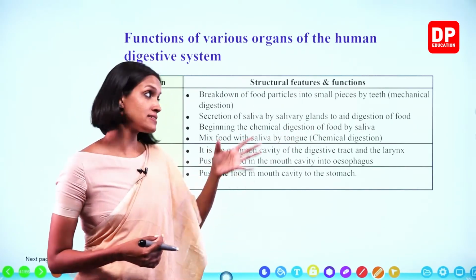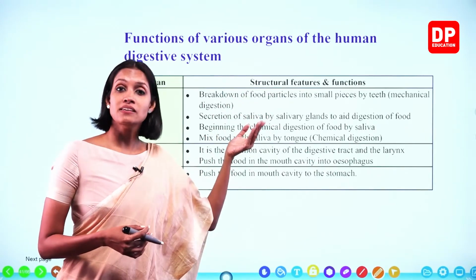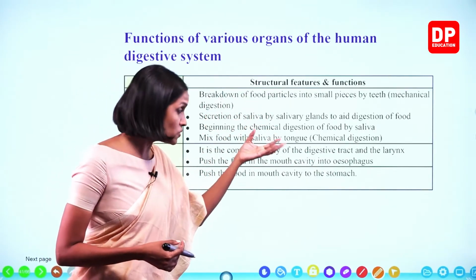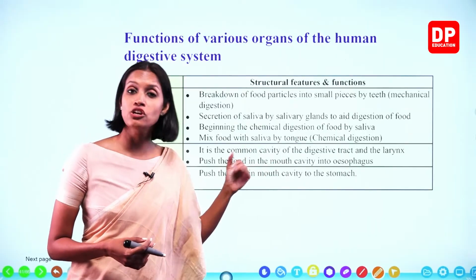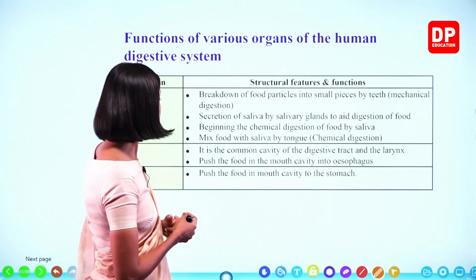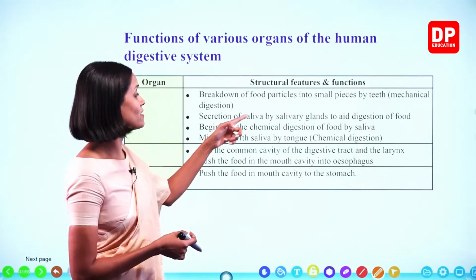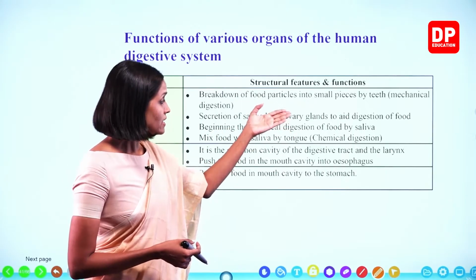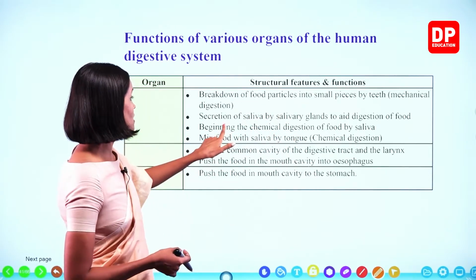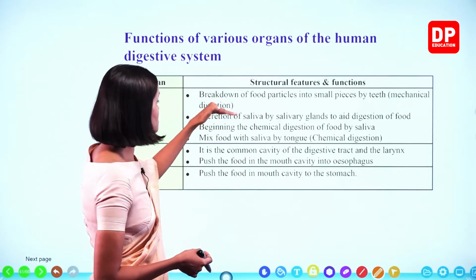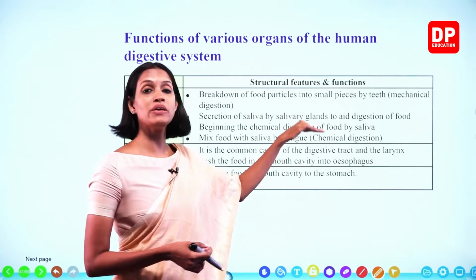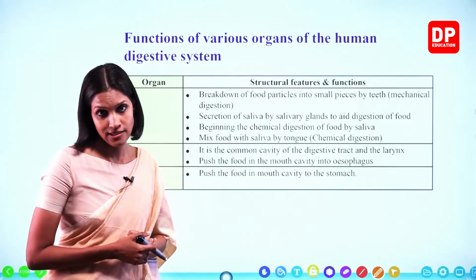I explained to you all that saliva has a certain chemical digestive juice which is very important for the digestion of carbohydrates, okay? And mix food with saliva by tongue, right? This is the beginning of the chemical digestion, right?